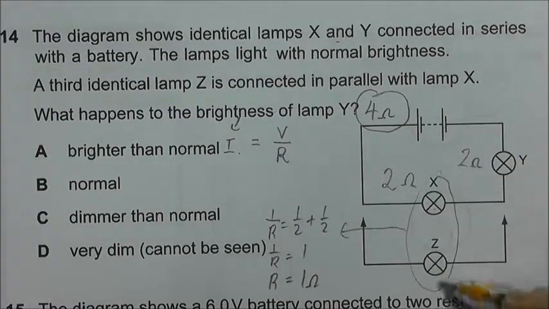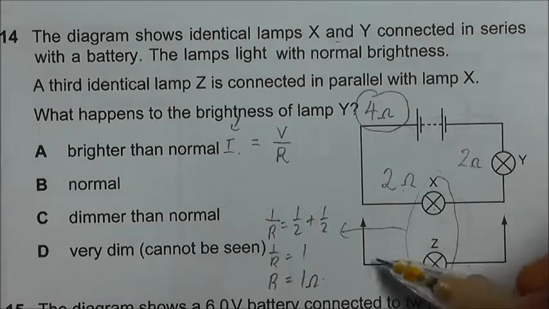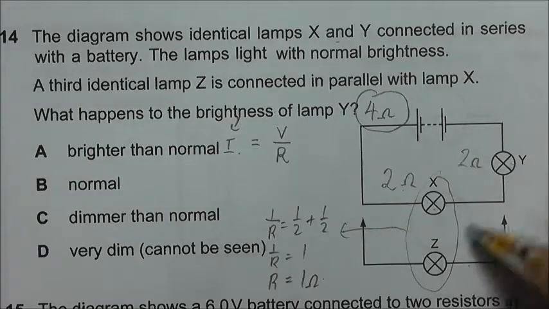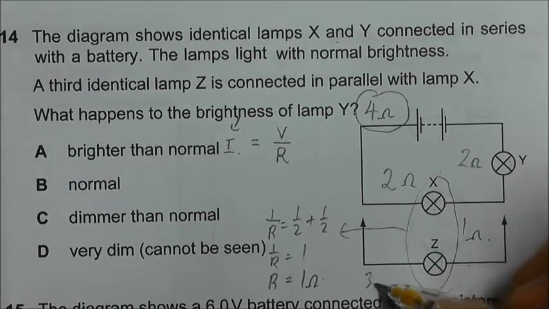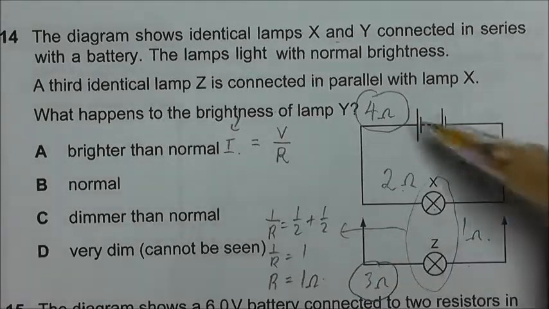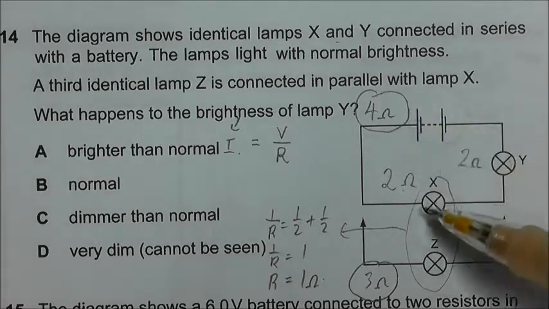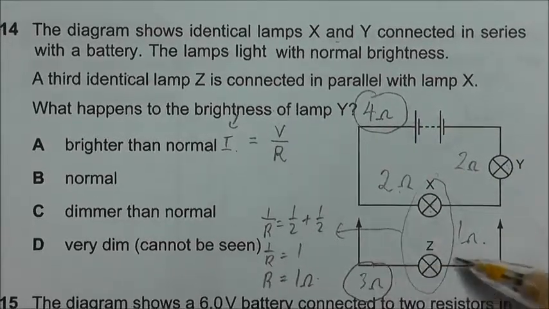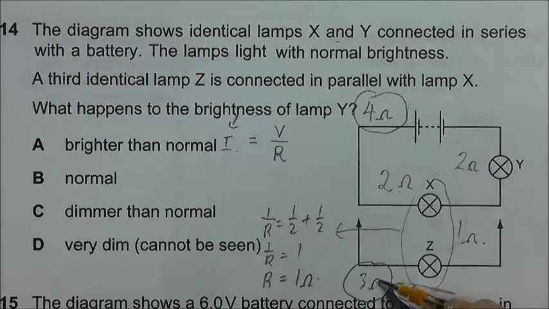So this combined parallel branch actually decreases from 2 ohm to 1 ohm. And the total resistance, we add this together, this is 1 ohm, this is 2 ohm, we get 3 ohm. Before this, we have 4 ohm, and after we attach lamp Z, we have this circuit which gives us a total of 3 ohms.